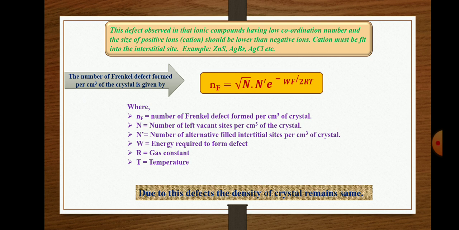So there is no ion that has departed from the crystal lattice. Therefore, the number of ions is as it is present in the crystal, therefore the density of the crystal remains the same in Frenkel defect.